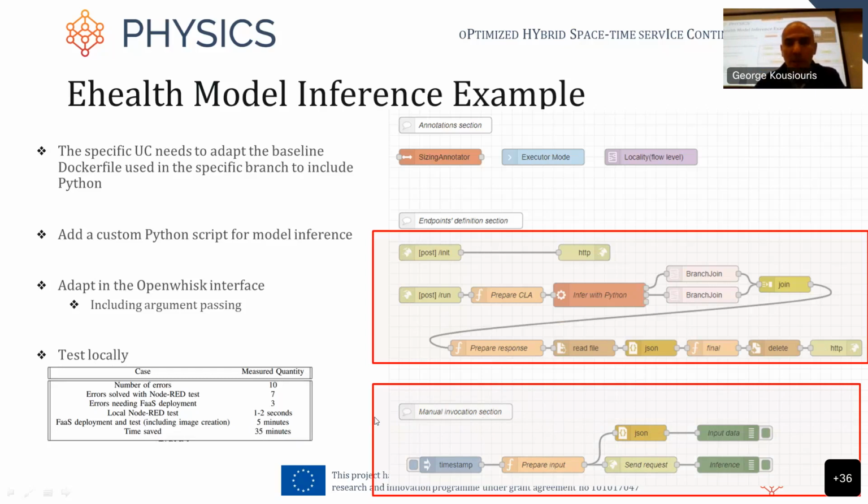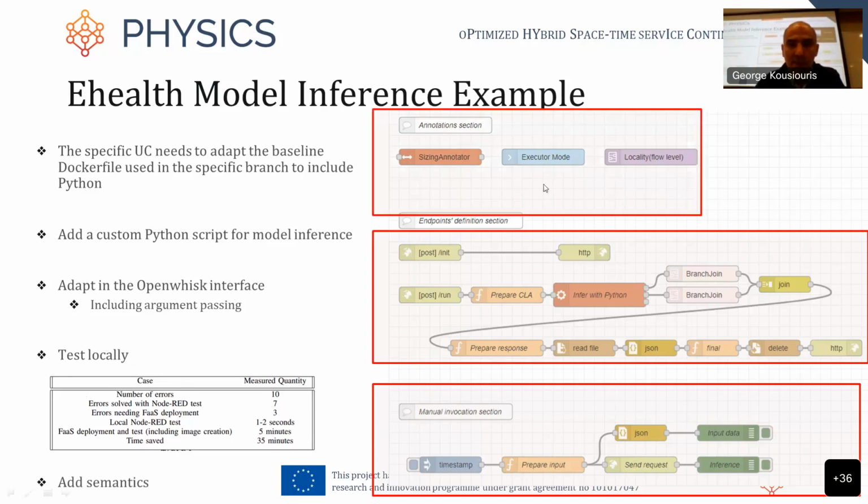Of course, then we might have also to do deployments on the FaaS, actual FaaS platform, because we also have some errors there. And in the end, to add semantics, the specific semantics that are added are with relation to sizing considerations that the developer wants to add, the execution mode.